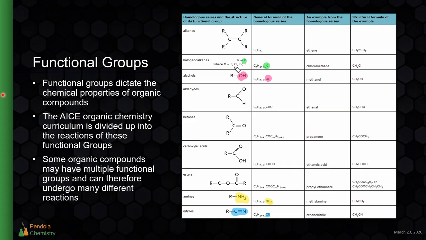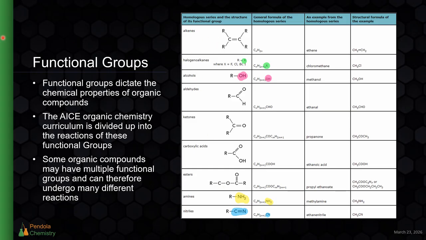Halogenoalkanes are replaced with a halogen, alcohols with an OH, amines with an NH2, and nitriles with C triple bond N. You have your alkenes, which are incorporated into the carbon chain, which is just a double bond in the carbon chain. And then you have your carbonyl groups, your aldehydes, ketones, carboxylic acids, and esters that we just discussed.